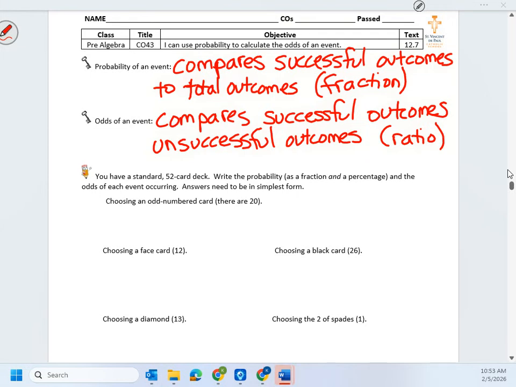So when we're looking at the probability, we have successful to the total amount that's there. When we're looking at the odds, we have successful outcomes to unsuccessful. So how do we figure out what the total number of outcomes are if we're given the odds?